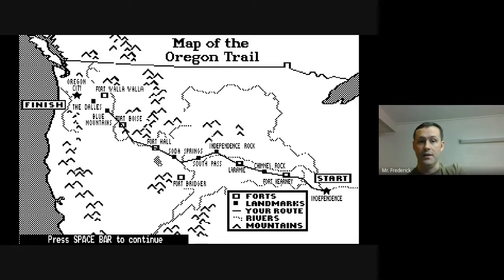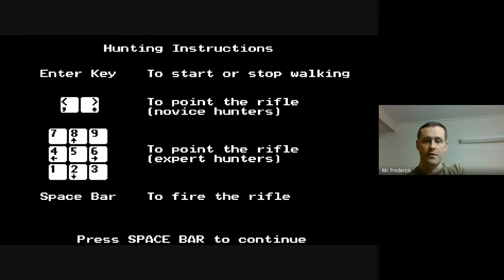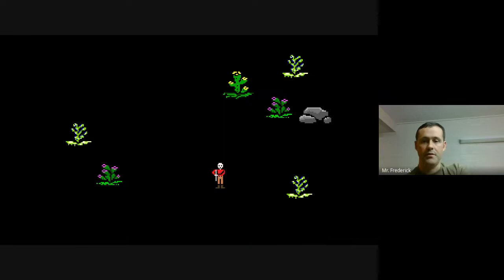All right, we're getting there. I think that's the Dalles or Dallas. I don't know. But we're going to go there next. We're almost to Oregon City. Okay, let's continue on the trail. Actually, I ought to hunt for food. Oh, there's a bear.